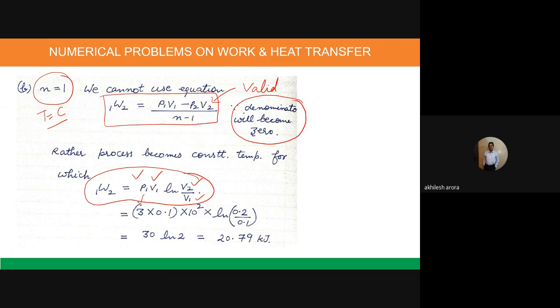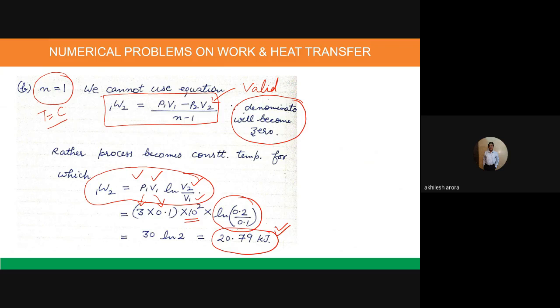Pressure is kept as 3 bar, volume is 0.1, multiplied by 10 raised to power 2 to convert bar meter cube into kilojoules, and then here we are putting the values of volumes, and finally the answer of the work transfer comes out to be 20.79 kilojoules. So this is how we can calculate the value of work transfer in case of a constant temperature process.